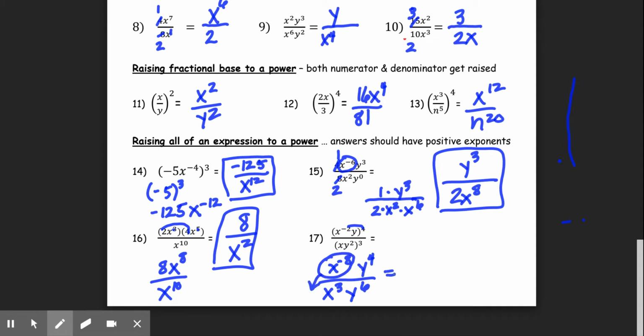So it's going to look like y to the 4th all over x to the, that'll be a +8 plus 3, which will give us 11 y to the 6th. So the final answer, when we subtract 6 minus 4, that gives us 2. So we're going to be left with x to the 11th, y squared, and we need a placeholder in the numerator, so we're going to put a 1 up there.